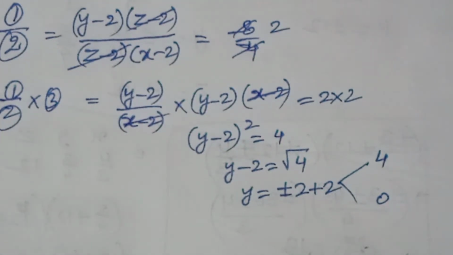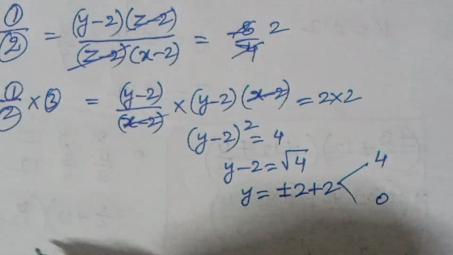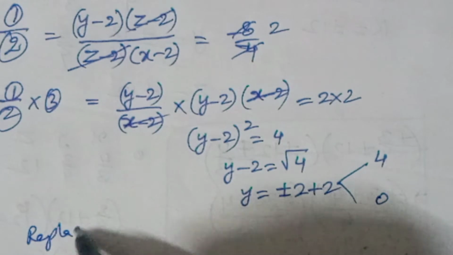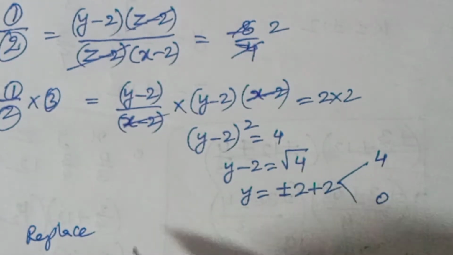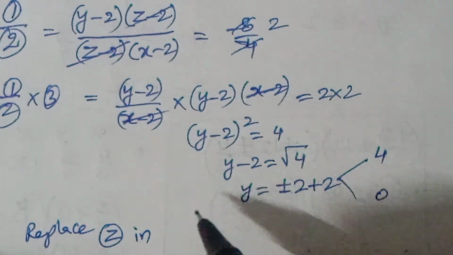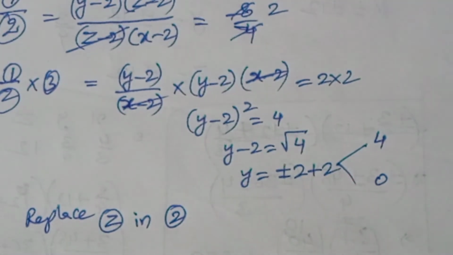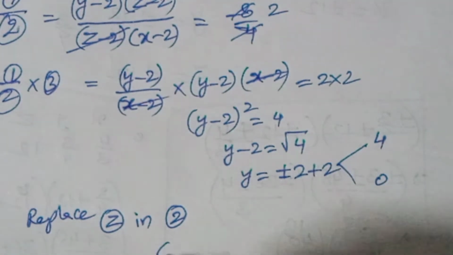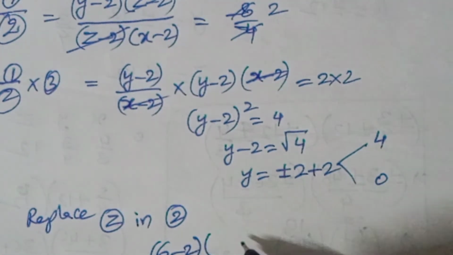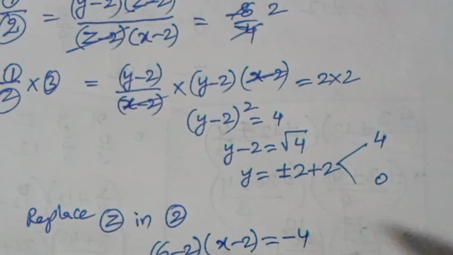Now how to find the x value? Replace the z value. For z equal to 6, we get 6 minus 2 into x minus 2 is equal to minus 4. Now if you take the z value minus 2, minus 4 into x minus 2 is equal to minus 4.